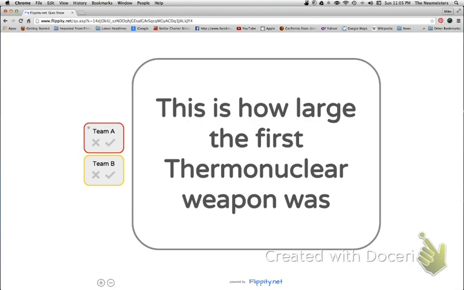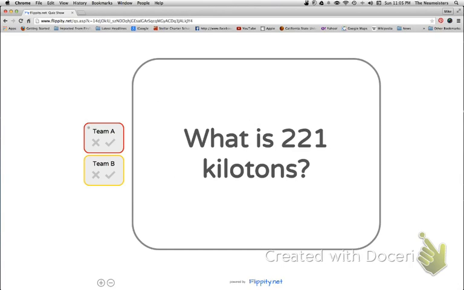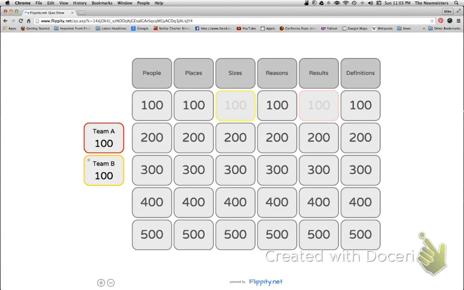Team A will say, no, I think that was more like a 1 megaton. So we come up to here, and of course it's 221 kilotons. And so Team B gets the point for that. And then we come back and we see that Team A and Team B have the same amount of points.